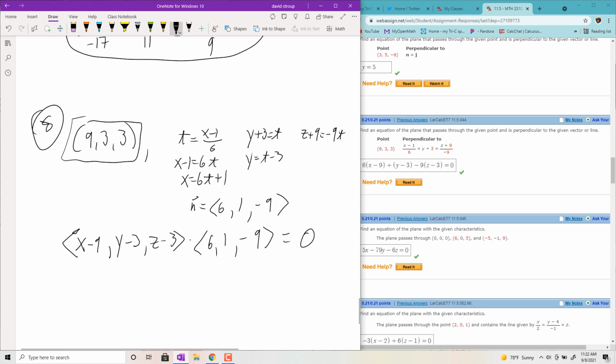That would produce the equation. So the actual equation is that dot product: 6 times x minus 9 plus 1 times y minus 3 minus 9 times z minus 3.